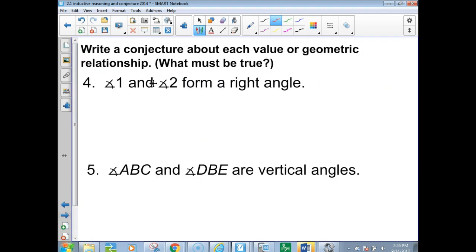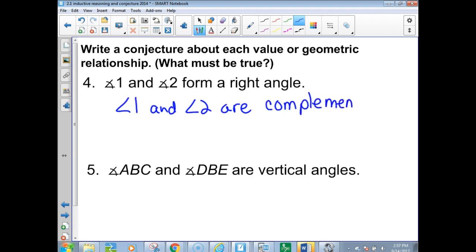Write a conjecture. All right, angle 1 and angle 2 form a right angle. Now we're going to do some geometric stuff. Angle 1 and angle 2 form a right angle. So what would be true about them? Oh, good. Okay, angle 1 and angle 2 are complementary. Oh, good. Complementary and adjacent.